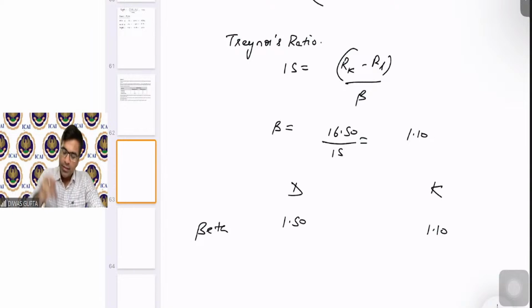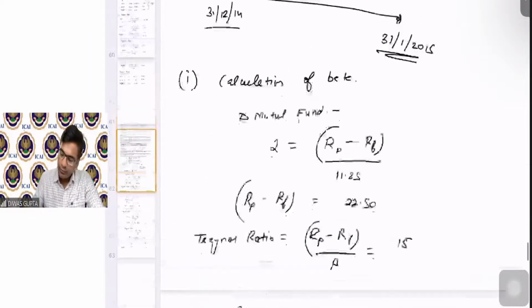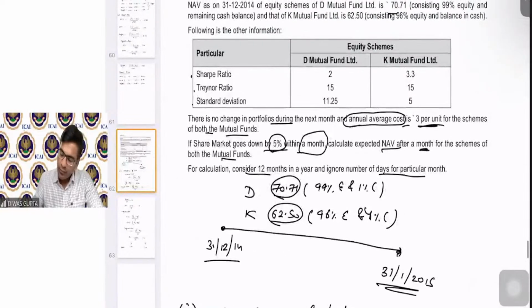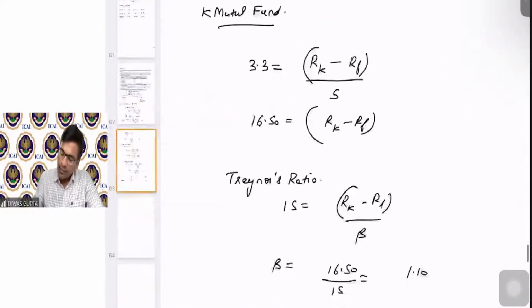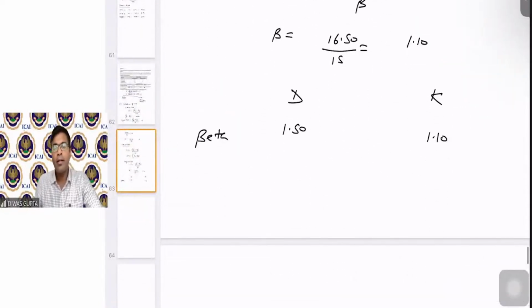Okay, students, let's move ahead then. Now, next step, once we have calculated the beta, we also need to know how the overall value of the portfolio will come out to be, right?